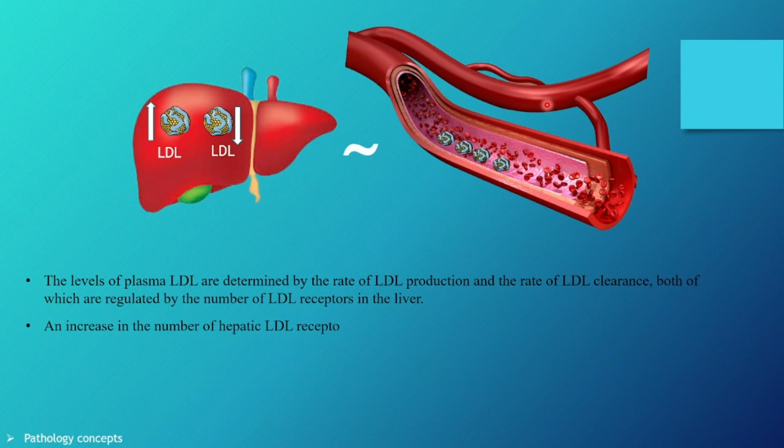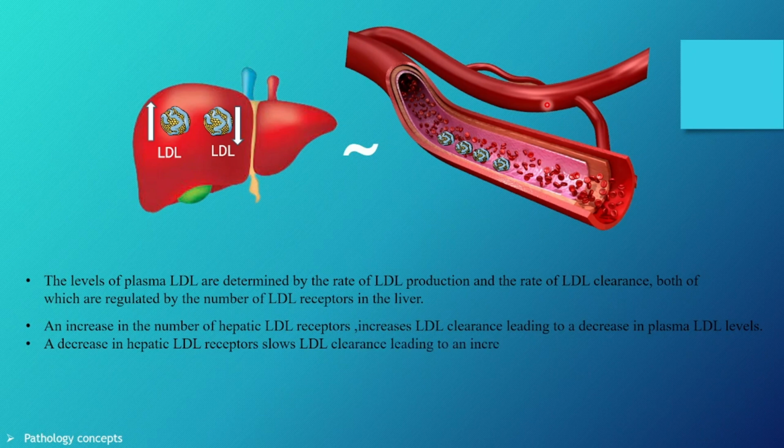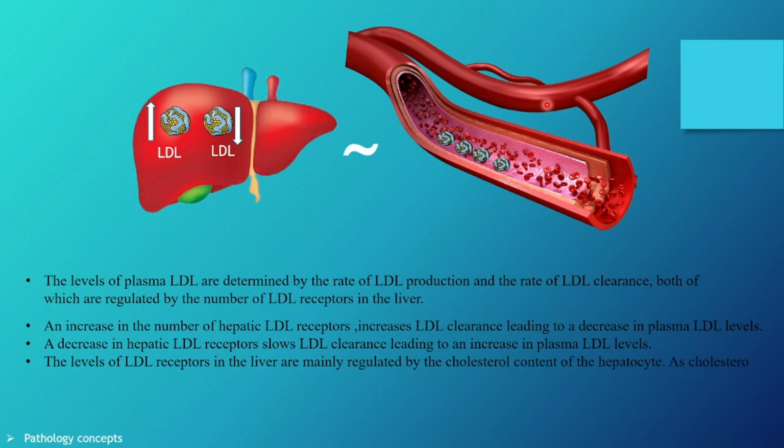An increase in the number of hepatic LDL receptors increases LDL clearance, leading to decrease in the plasma LDL levels, and decrease in LDL receptors slows LDL clearance, leading to an increase in plasma LDL levels. The level of LDL receptors in the liver is mainly regulated by the cholesterol content of hepatocytes. As the cholesterol level in the cell decreases, the expression of LDL receptors is increased.